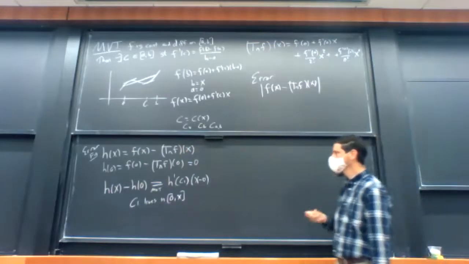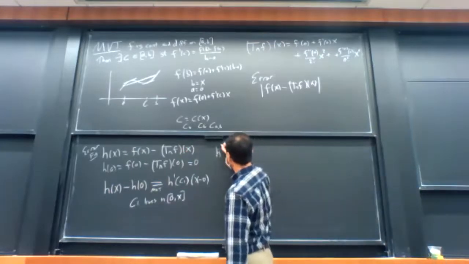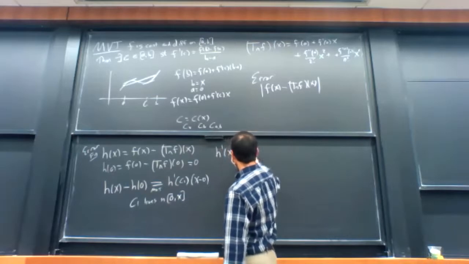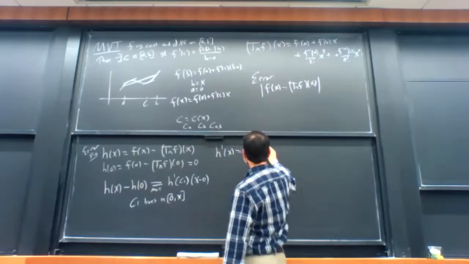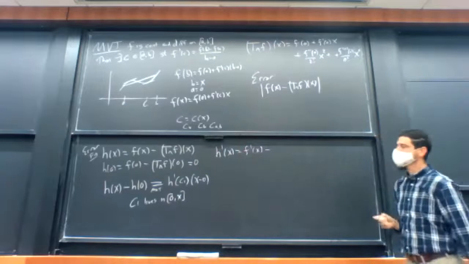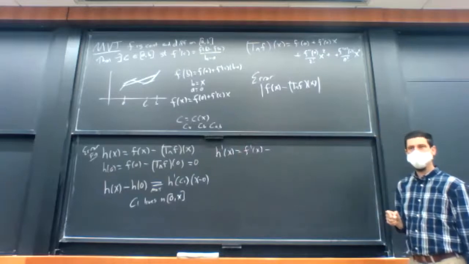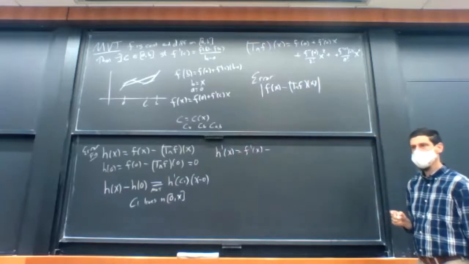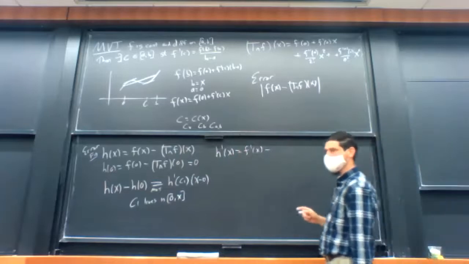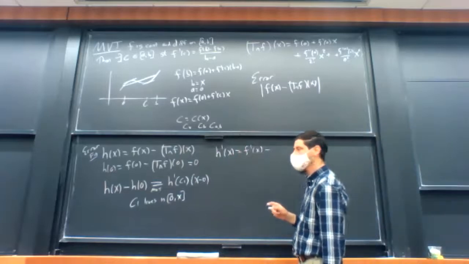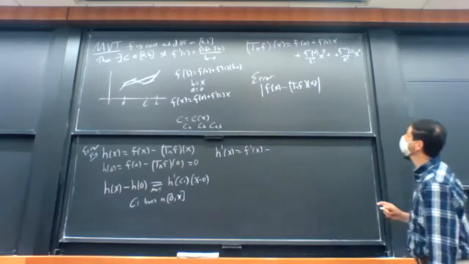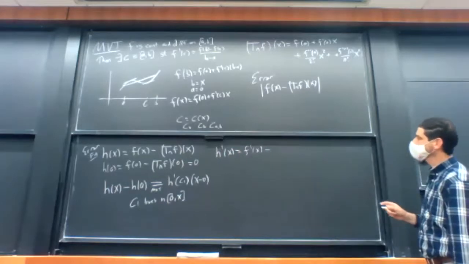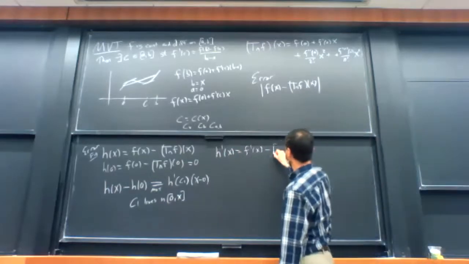Okay, let's continue. h prime of x is going to be f prime of x minus, I have the derivative of the Taylor series. Right? So the question is just how much detail to go through. I'll write it out like this.